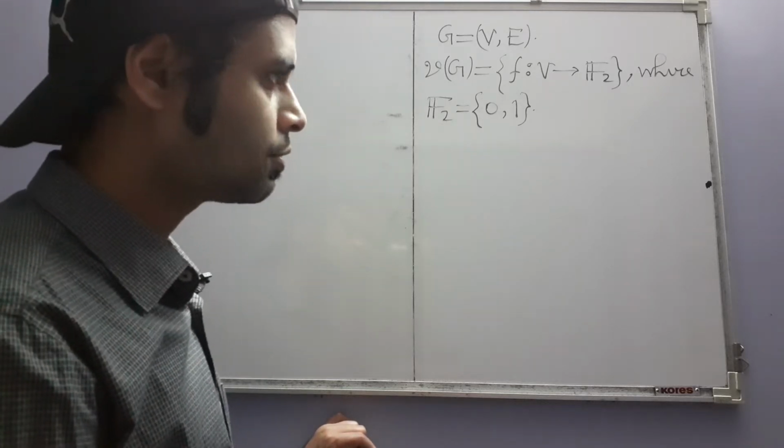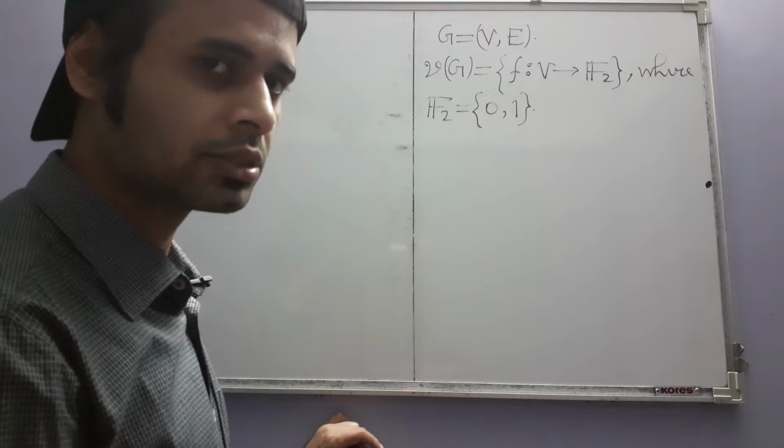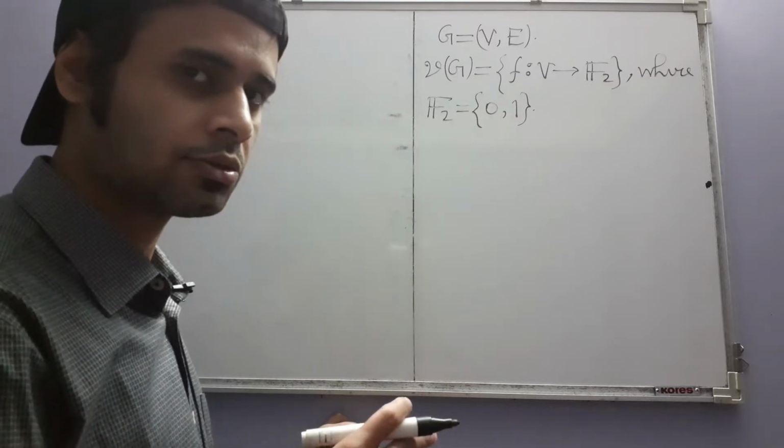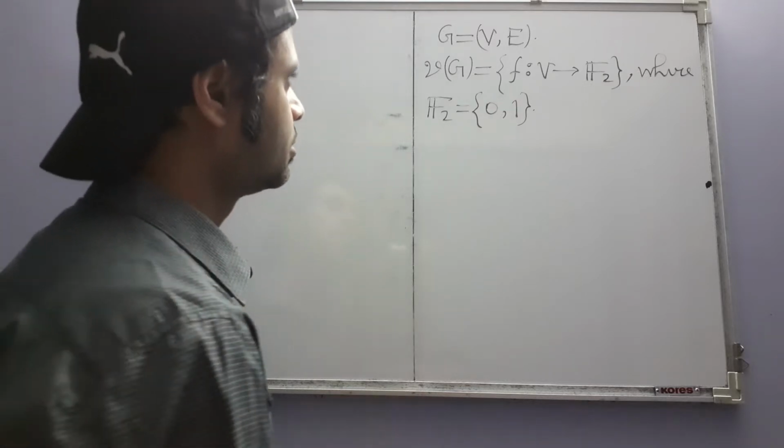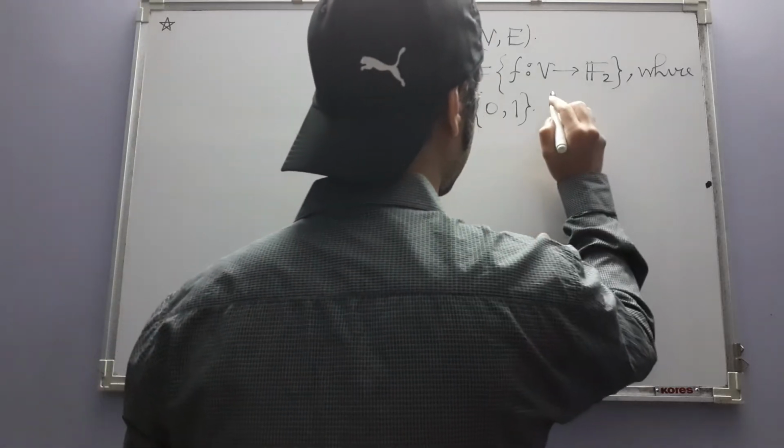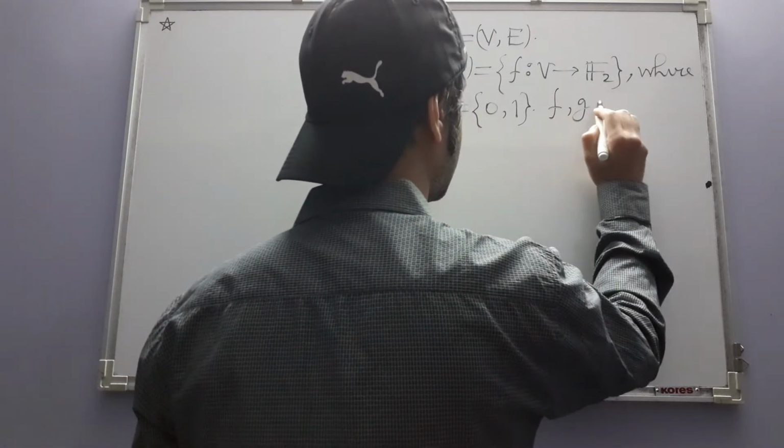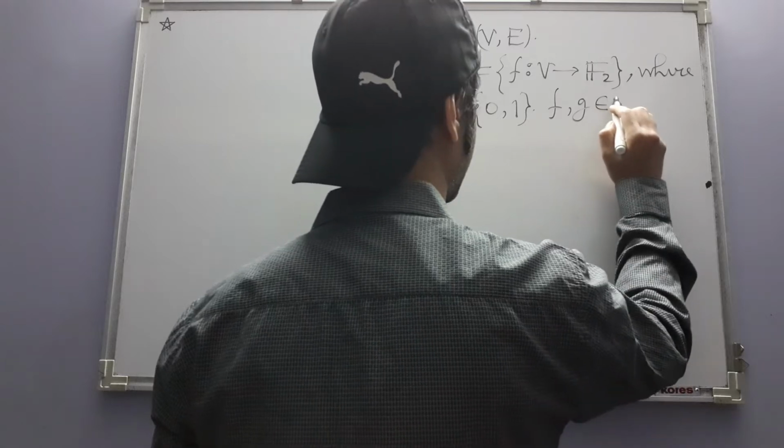These two elements of course are there in any field, but this is the smallest field because it has only them as elements. Then on this set we defined an addition and a multiplication by scalar like this.